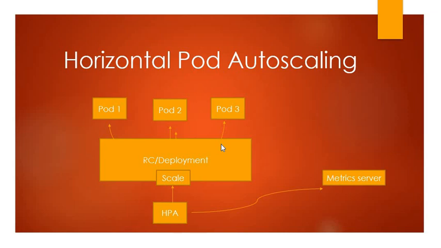So now understand how it works. First step is HPA queries for metrics to the metric server. Second, calculate the replicas. After checking the metrics, it checks how many replicas there are. Then third is update the replica count.